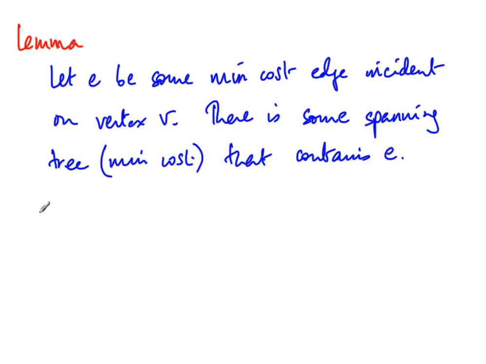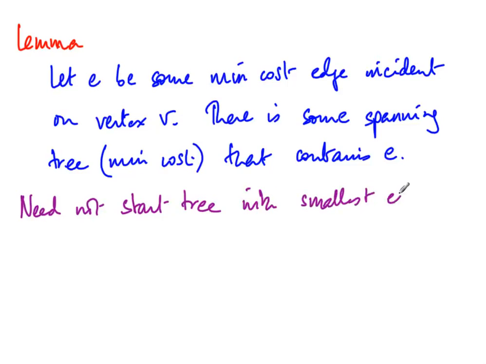So now we need not start the tree with the smallest edge. Instead, we can start at any arbitrary vertex v that we would like. So we have initially a tree which contains just v. This is a trivial tree with one vertex and no edges.